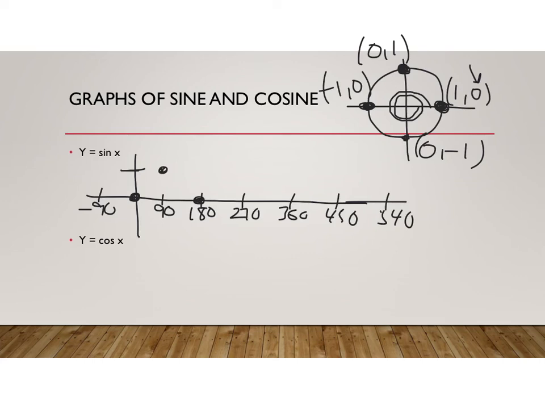Sine of 270 is negative 1. Sine of 360 is 0. And then it's going to restart and keep repeating the same pattern. So my sine graph would look like this. It's beginning at 0, never higher than 1, never lower than negative 1.